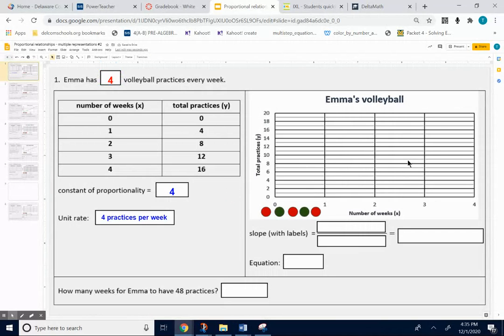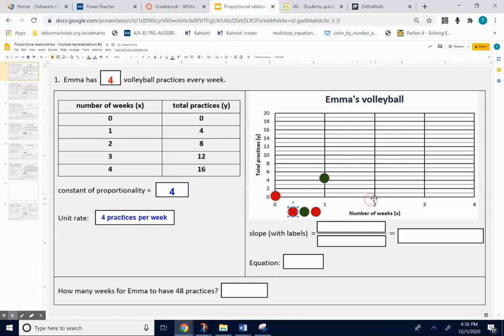Look at the graph. Let's just start graphing the points. 0 weeks, 0 practices. I know that when you graph, these aren't going to be perfect. You can't do these really, really well on Google Slides, but we can just get pretty close. There's 0, 0. 1 week, 4 practices. Over to 1 week, up to 4 practices. 2 weeks, 8 practices.